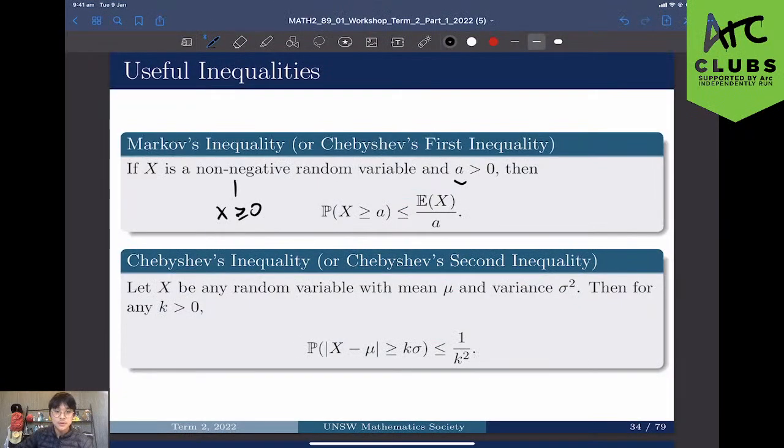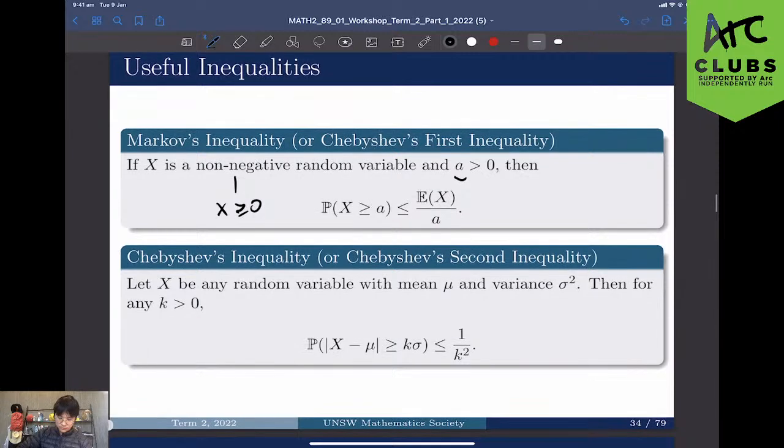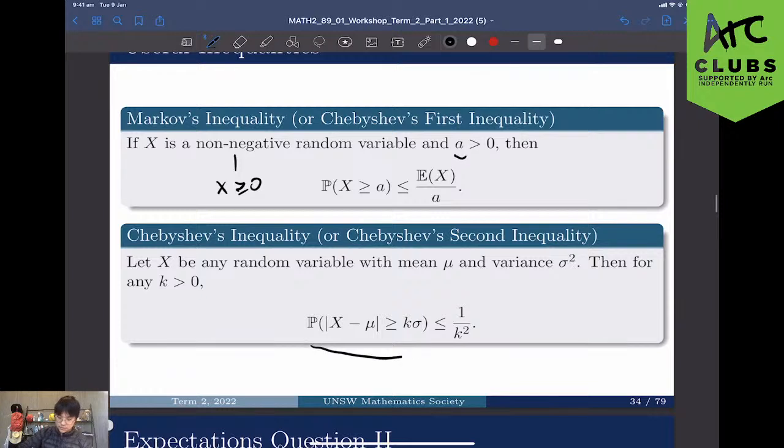For any value A, the probability that the random variable is greater than or equal to A is going to be less than or equal to the expectation of the random variable over A. And the second one is Chebyshev's inequality, where if X is a random variable with mean mu and variance sigma squared, then for any K, we have this formula.